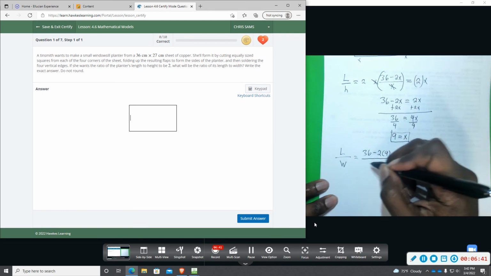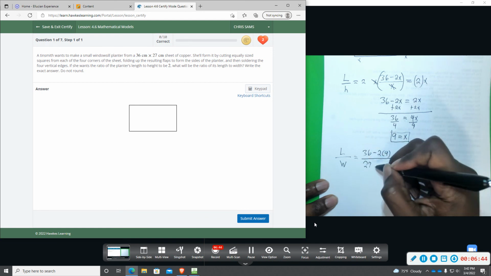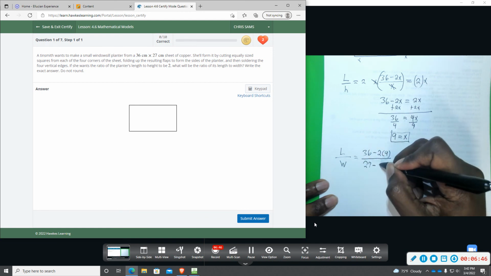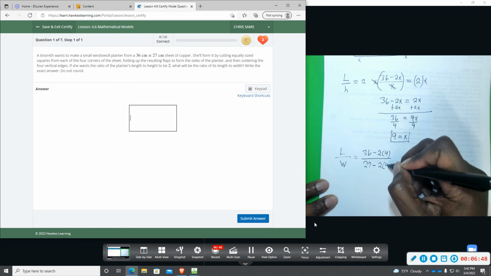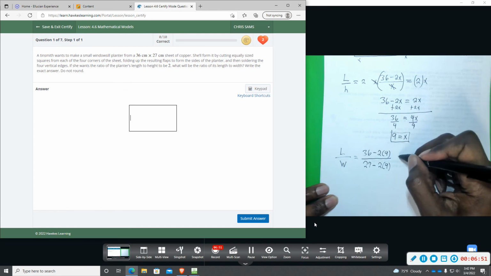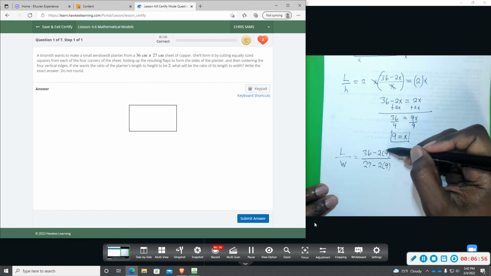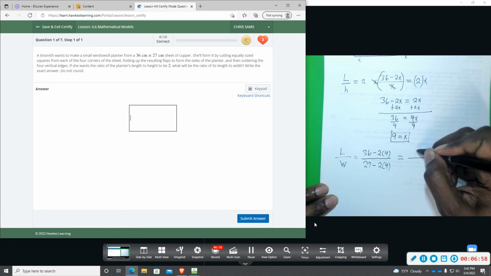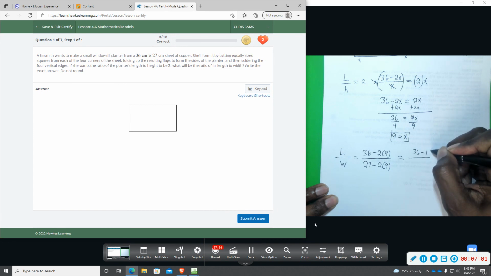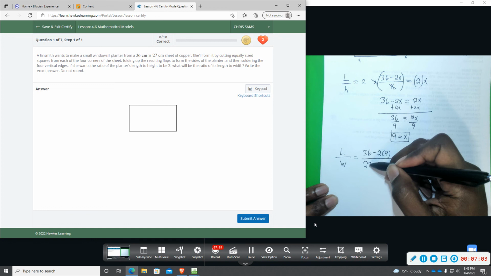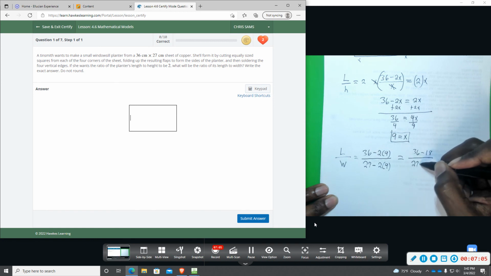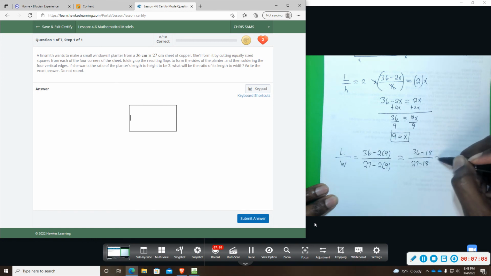And then the width is going to be 27 minus 2 times 9. 36, this will be minus 18. And then this is 27 minus 18. And then when we simplify, this becomes 18. This will be 9. And when I reduce this, I also get a ratio of 2.